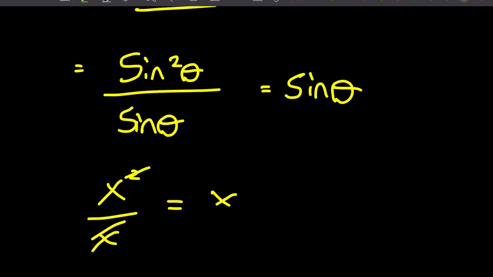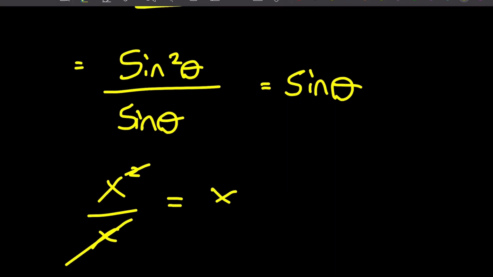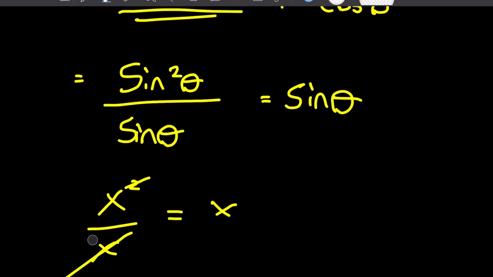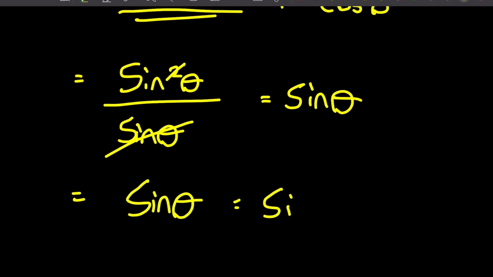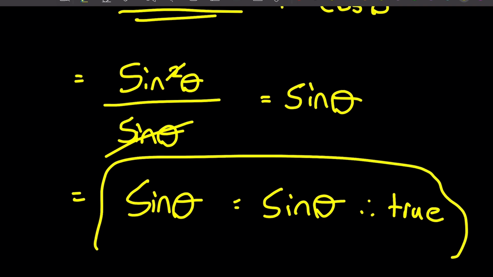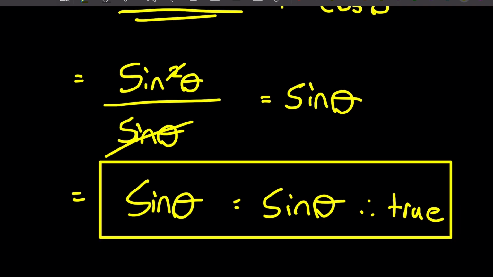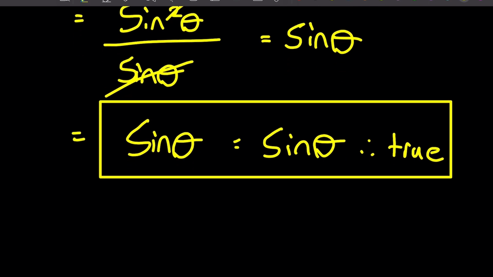The square cancels out, and the bottom one goes away. So sine squared theta over sine theta is just going to be equal to sine theta, right? So sine theta is equal to sine theta, therefore true. So we just proved a trigonometric identity. We just solved our very first question, and pretty good.